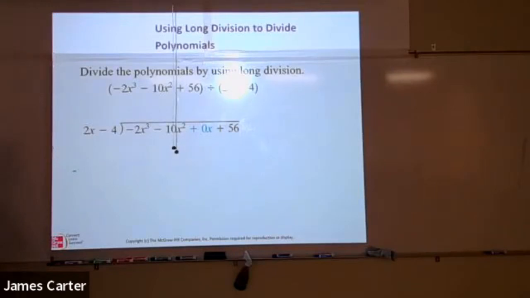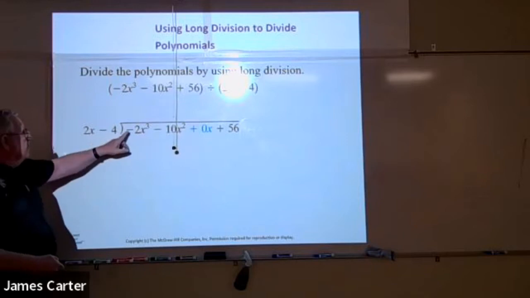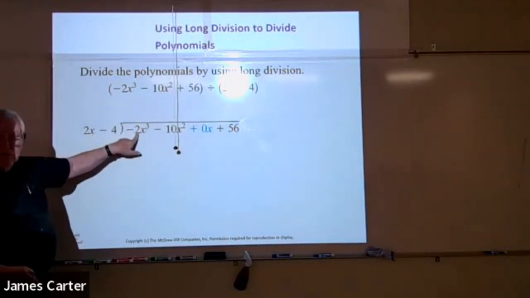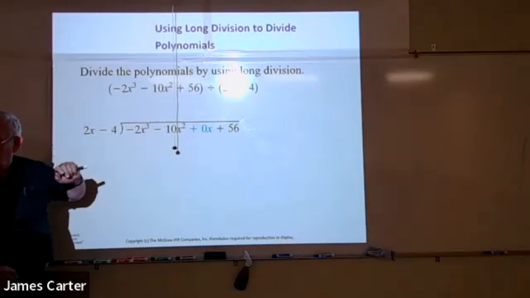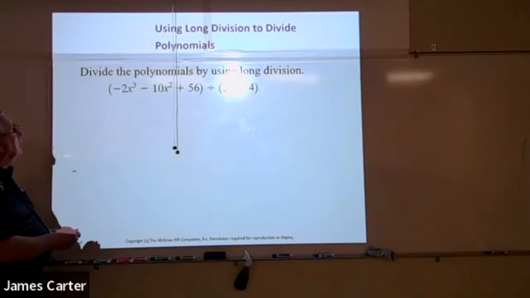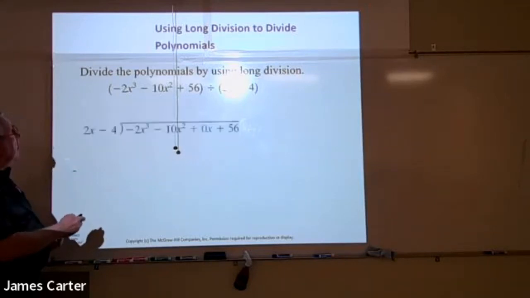Okay, here we go. Same thing we did before. Here is my estimator. What do I have to do to this 2x to get negative 2x cubed? Well, I have to multiply it by negative x squared. What did I do?